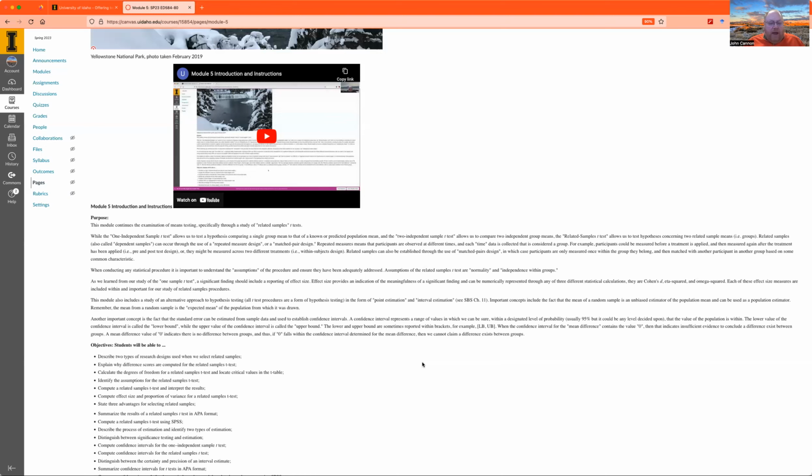The lower and upper bound are sometimes reported within brackets, for example, as is shown here, LB or UB. When the confidence interval for the mean difference contains the value 0, then that indicates insufficient evidence to conclude a difference exists between groups. A mean difference value of 0 indicates there is no difference between groups, and thus if 0 falls within the confidence interval determined for the mean difference, then we cannot claim a difference exists between the groups.